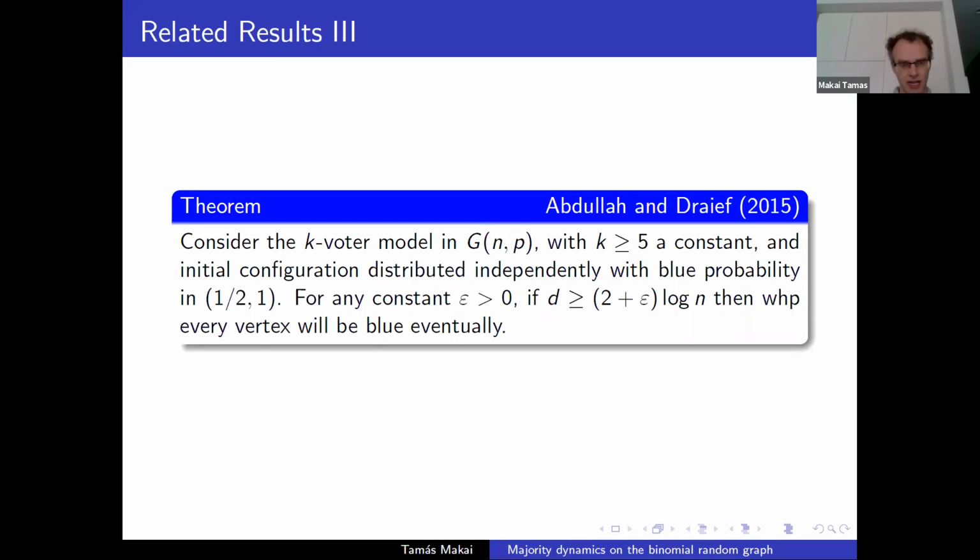And if we give blue a slight advantage, meaning we're coloring every vertex blue with probability between 1/2 and 1, but it has to be bounded away from 1/2, then if the average degree is at least (2 plus epsilon) times log n, then with high probability, every vertex will be blue eventually.